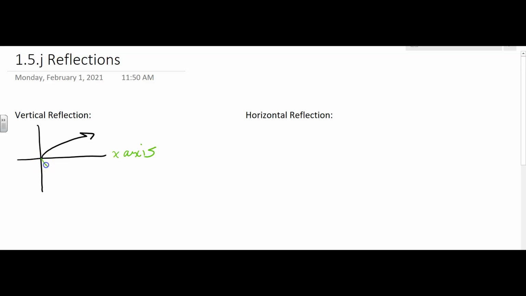And so it's going to come down here. So this would be a reflection of the square root function about the x-axis, okay? And that looks like this. When it turns upside down like that, it's the opposite of the function that you started with, okay?